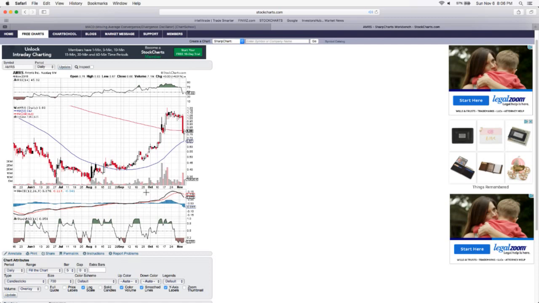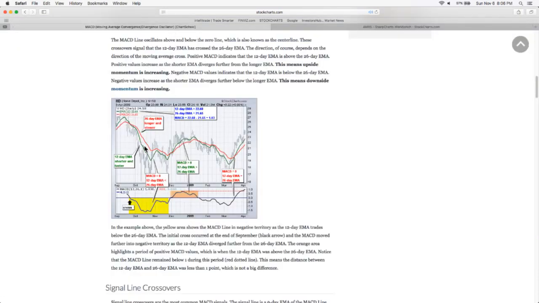So here's a chart of AMRS, and you can see this was trying to give us a warning here. The MACD crossed right here. You see where the price was, it was still at $1.06.